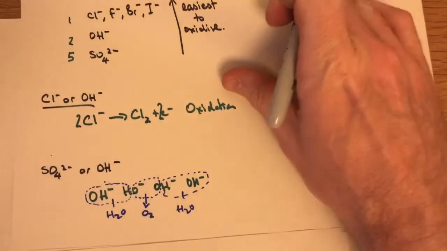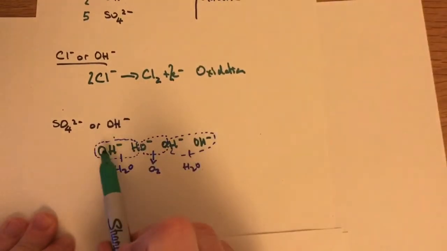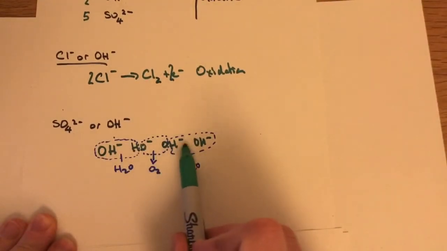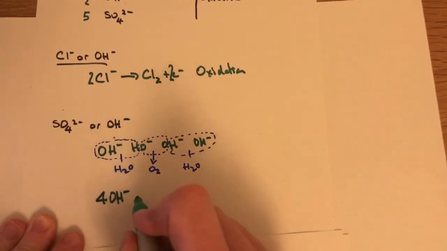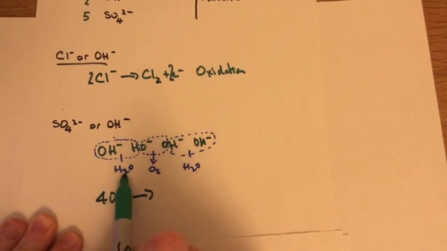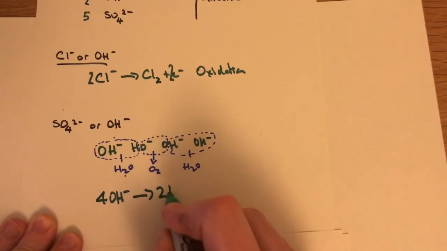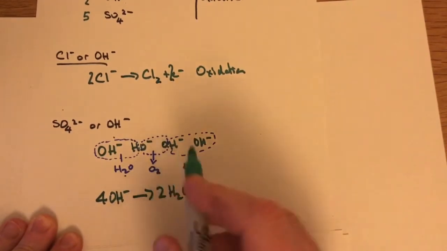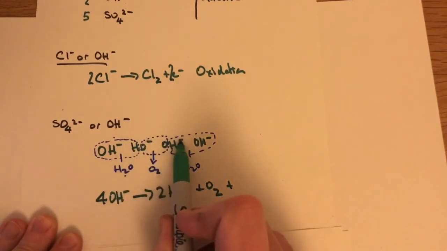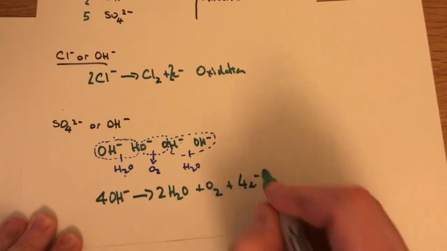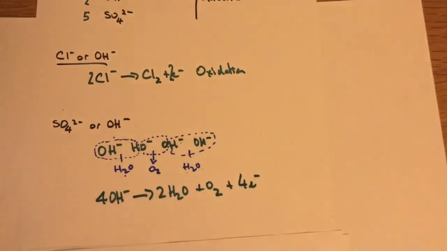Therefore, if I now count this up, I can see that I've got 1, 2, 3, 4 hydroxide ions, and they are making 2 lots of water, 1 lot of oxygen, and then I'm going to get 4 electrons being released in the oxidation reaction.